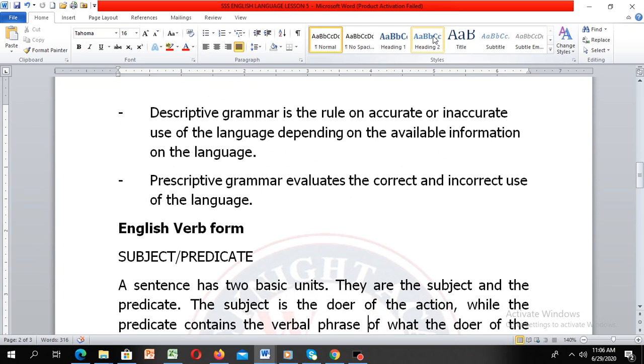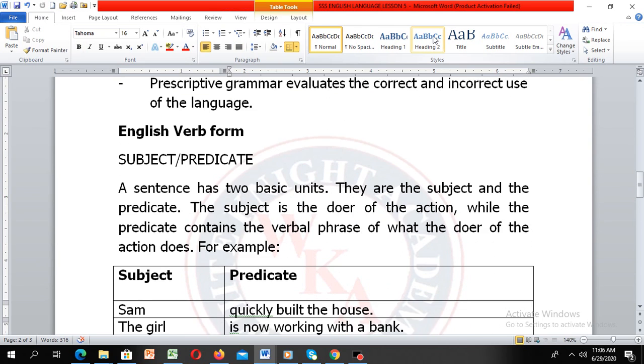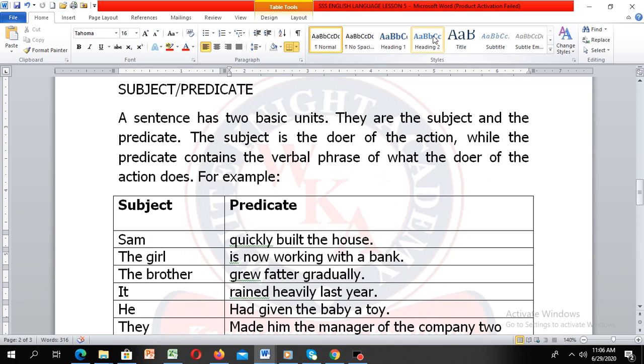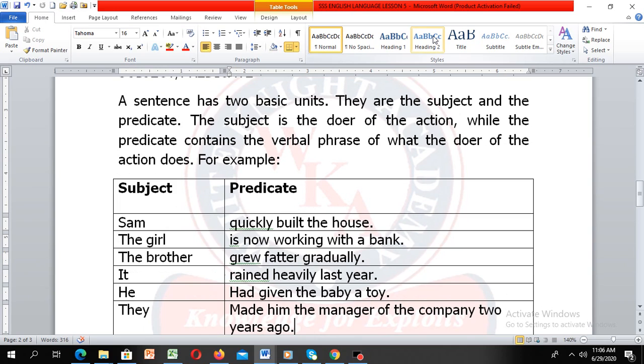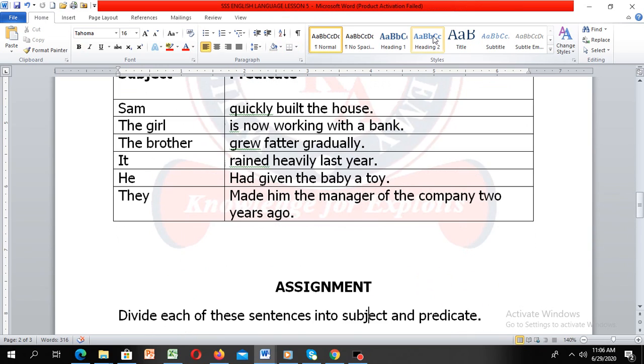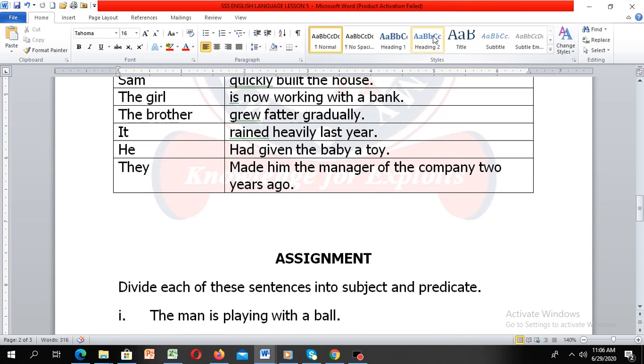And we've also seen the example of the subject and predicate. We say Sam quickly built the house, and I told you that Sam is the subject while quickly built the house is the predicate. That's what we have been able to capture today.